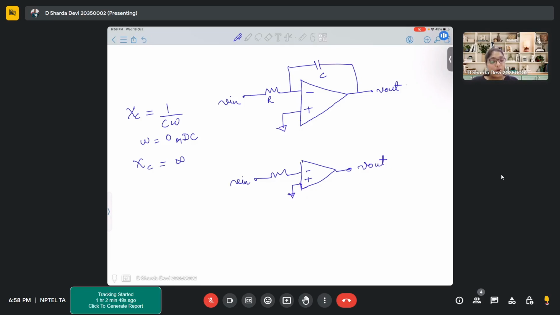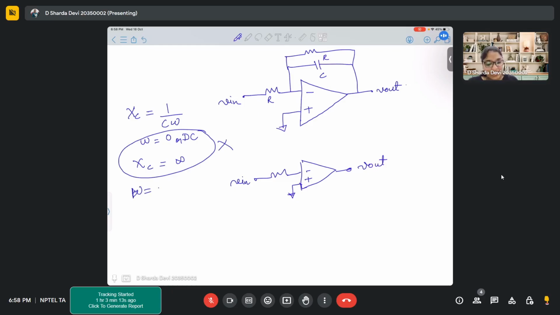To overcome this problem, people designed a practical integrator. A resistor was introduced in parallel to this capacitor to accept the feedback, so that this condition never comes into the picture.